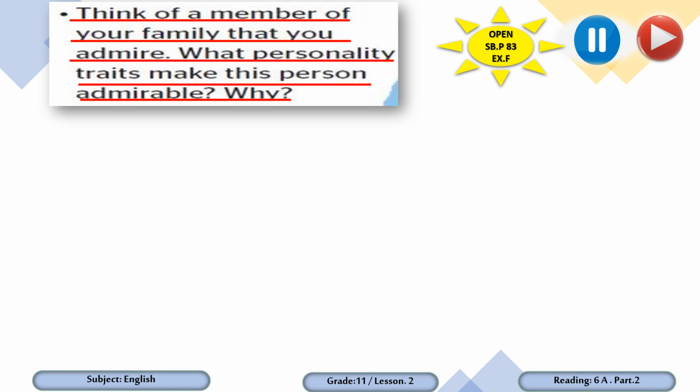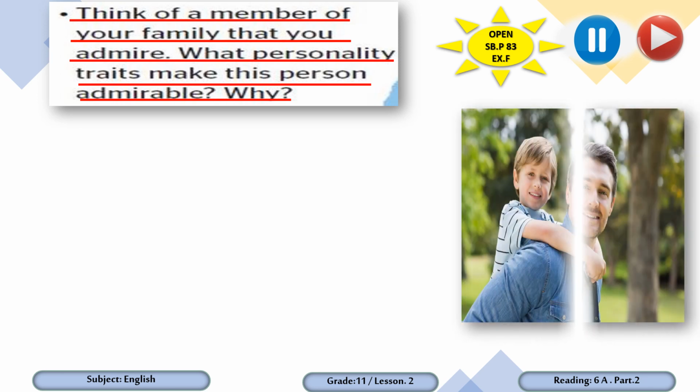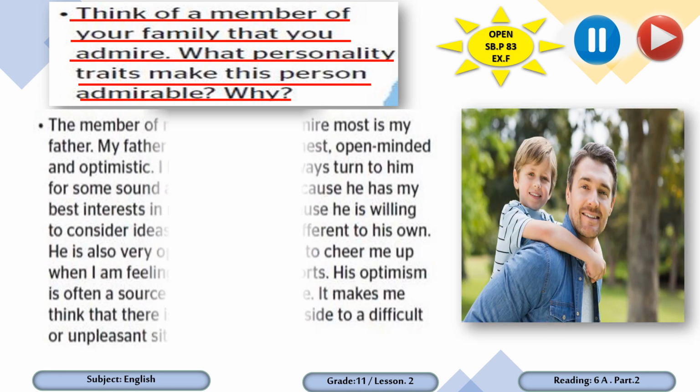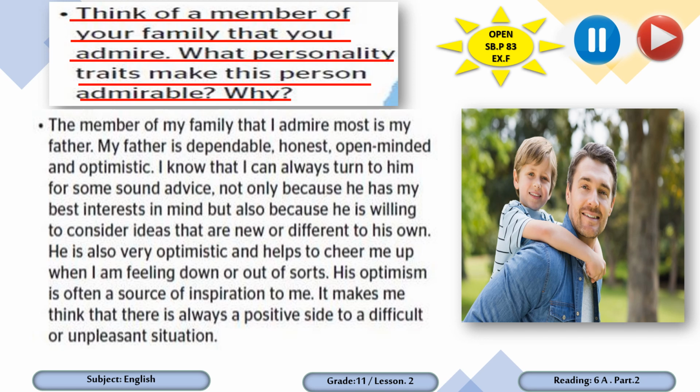Okay, now it's time to read the suggested answer. The member of my family that I admire most is my father. My father is dependable, honest, open minded, and optimistic. I know that I can always turn to him for some sound advice, not only because he has my best interests in mind, but also because he is willing to consider ideas that are new or different to his own.